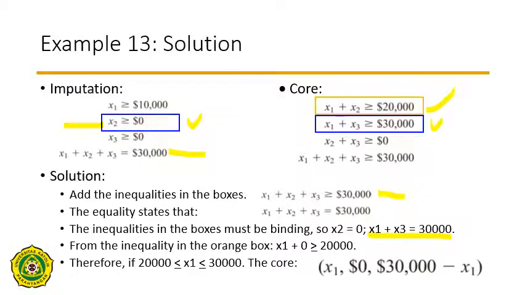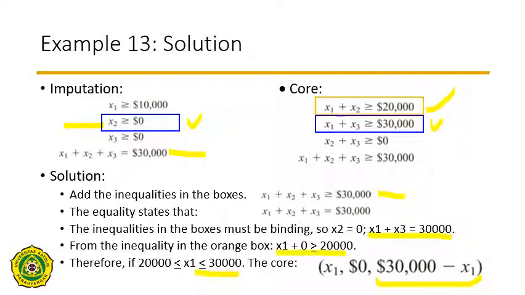It means that the core looks like this. So x1 can be any value starting from 20,000 up to 30,000, and then x3 is 30,000 minus x1.